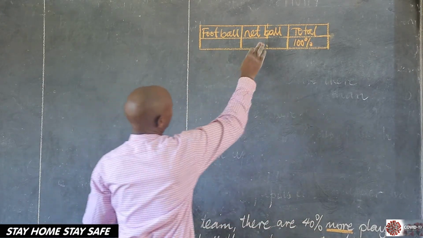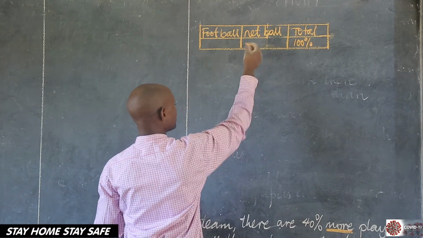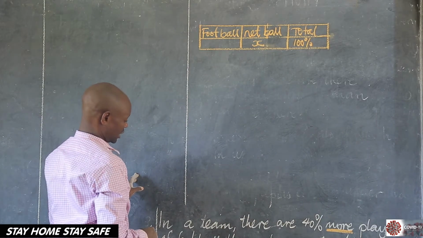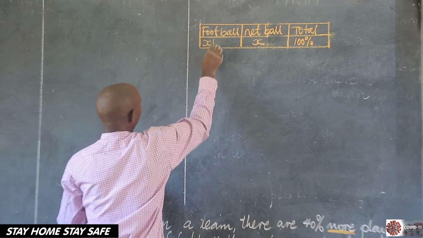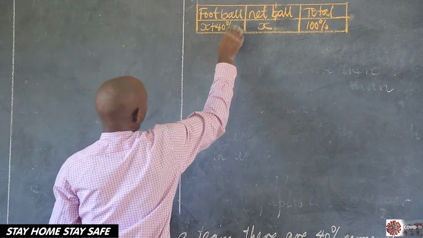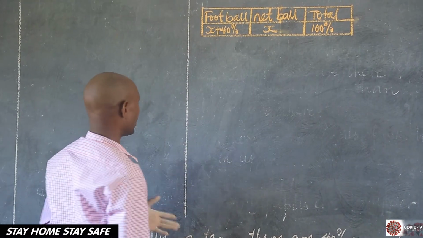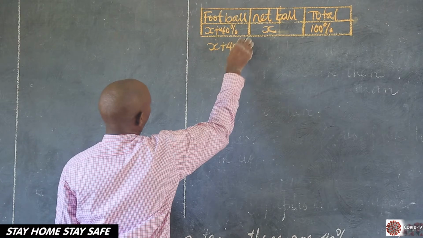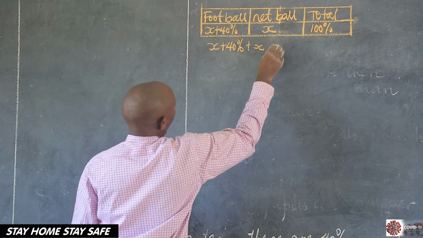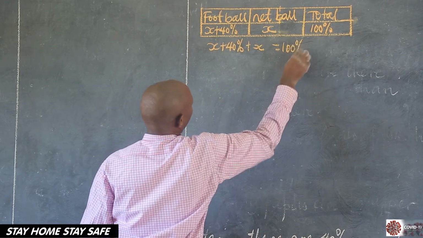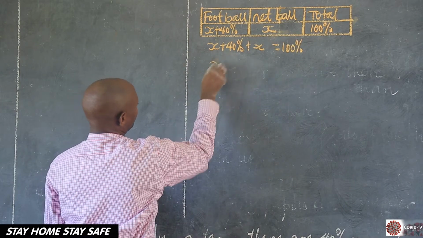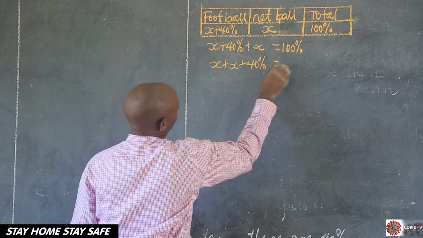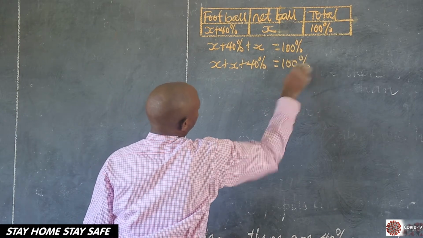So it means the percentage of netball is not known, so we can say let it be x. And that of football is going to be x plus 40%. So we get x plus 40% plus x is equal to 100%.